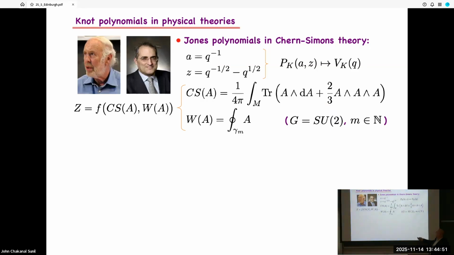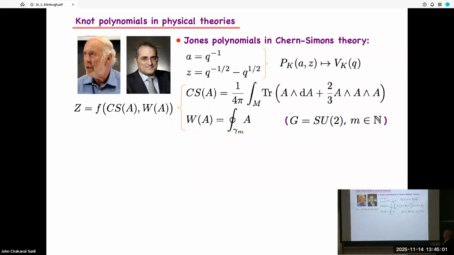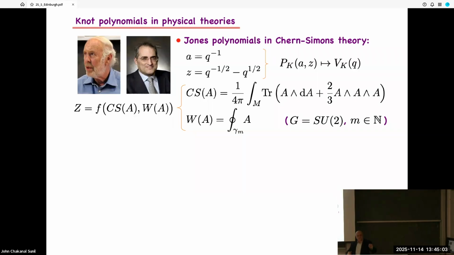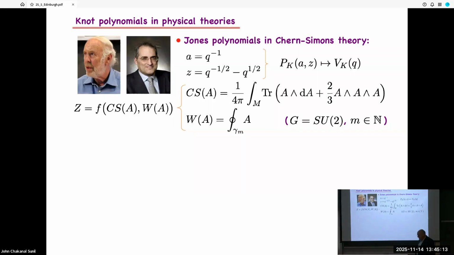Now, if you take this quantity, so this in the Chern-Simons theory is invariant with respect to M, except the orientation of M, but not the metrics. And the other one, the Wilson loop, you take e to that integral, e to integral of A, and then you take the trace of it, and then when you do the trace of it, you will get also an invariant quantity.